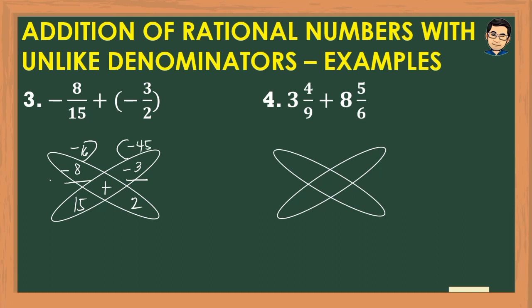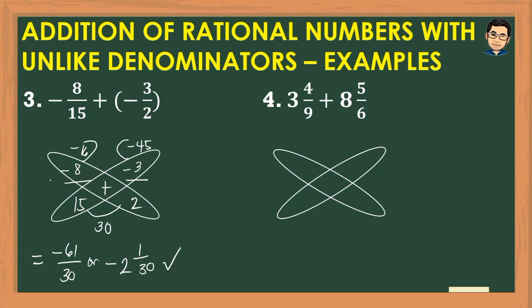And then dito sa ibaba, i-multiply natin yung mga denominators. 15 times 2, that is 30. And then, yung mga sinulat natin sa taas, i-add natin, negative 16 plus negative 45, that is negative 61 over sa product ng denominators. So that is 30. So negative 61 over 30. So isi-simplify natin yon as negative 2 and 1 over 30. So this will be our final answer.